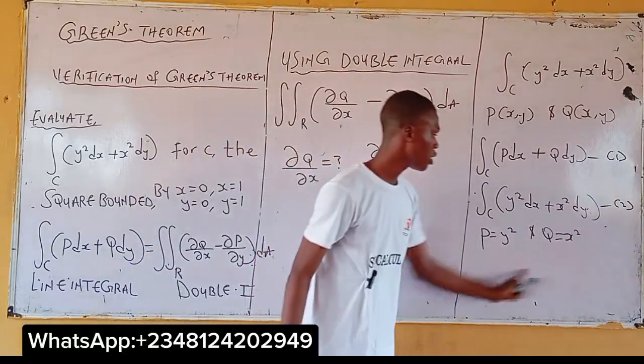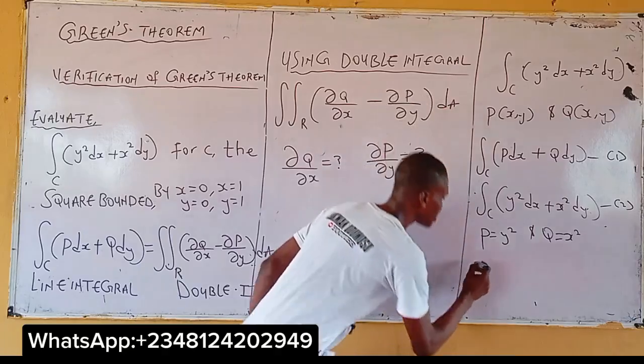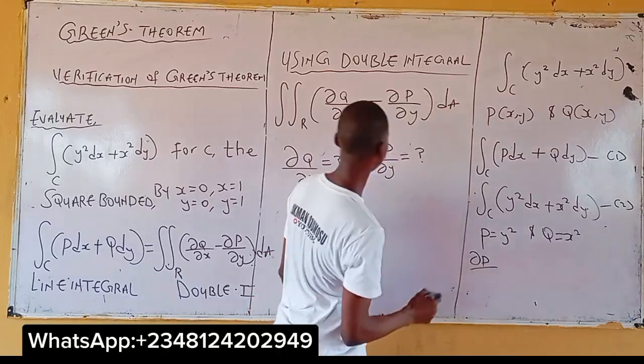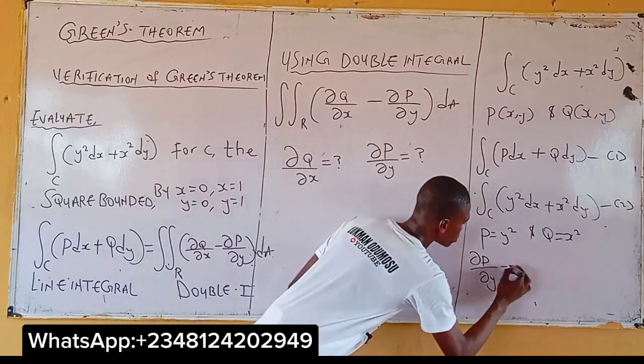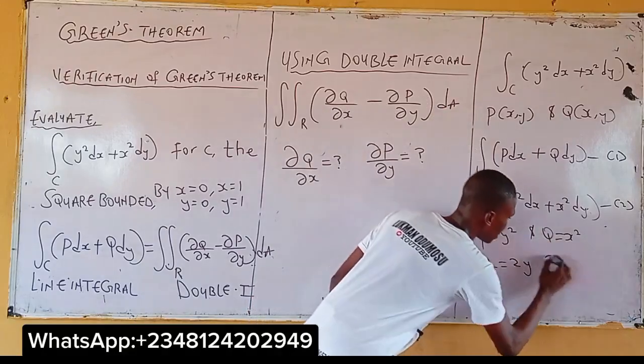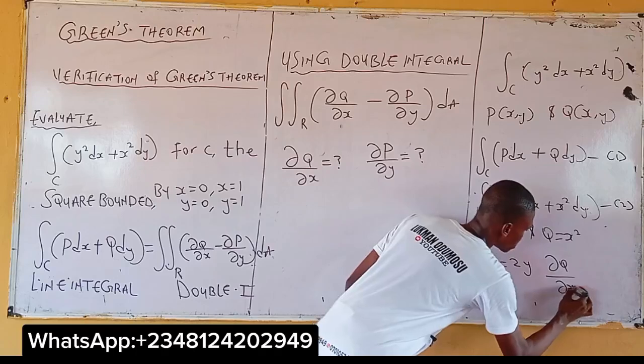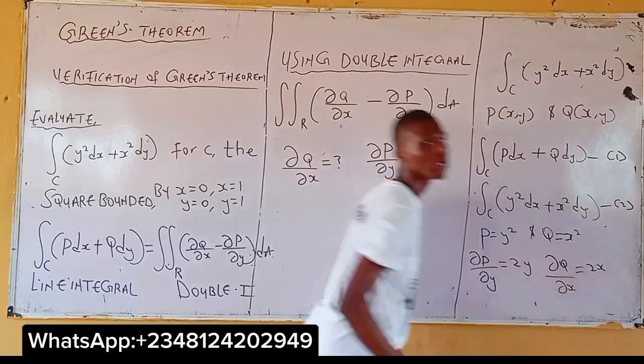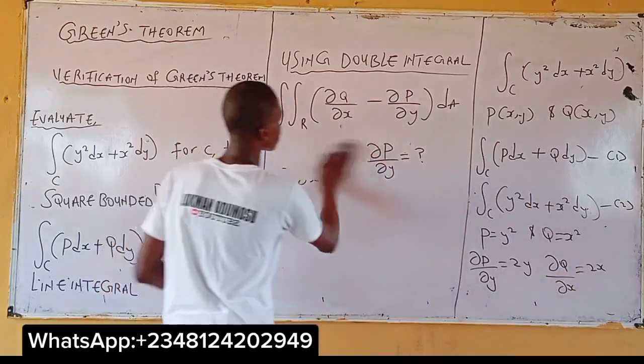Now let's solve. What will be the partial derivative of P with respect to y? This is 2y. What is the partial derivative of Q with respect to x? 2x. Now substitute.